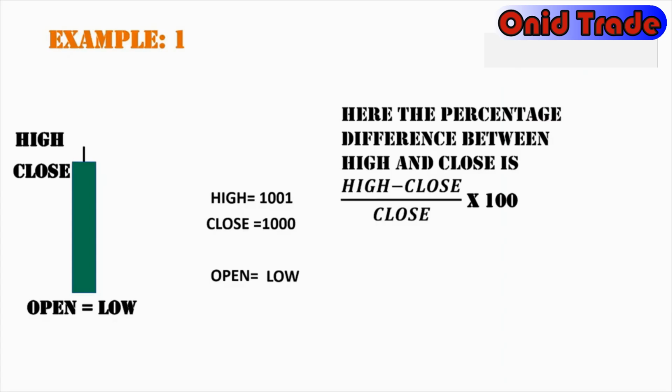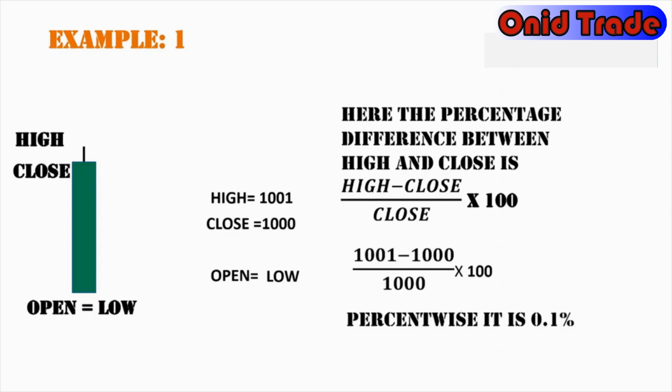Substituting high equal to 1001 and close equal to 1000, the answer will be 0.1%. 0.1% is less than 0.2%, which is the allowed value to consider a Marubozu. So this candle is considered a Marubozu, and we will place a trade on it. This is completely valid.